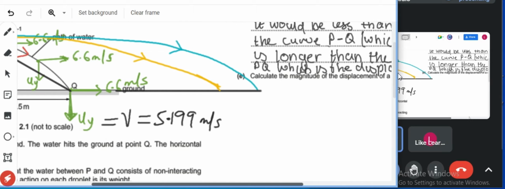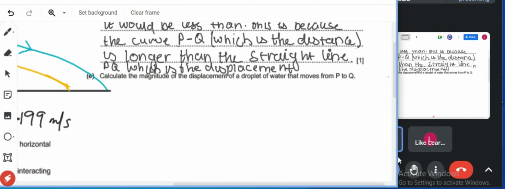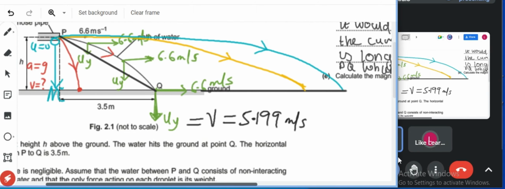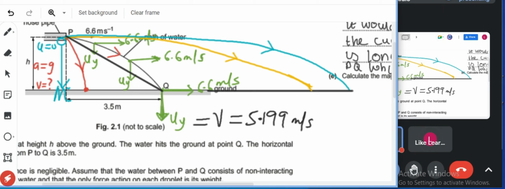So is that not like Pythagoras theorem? Beautiful. So we just need the magnitude of this displacement PQ. We know this height, we know this path. So to get P to Q, we know PM, we know MQ, you can use Pythagoras theorem.